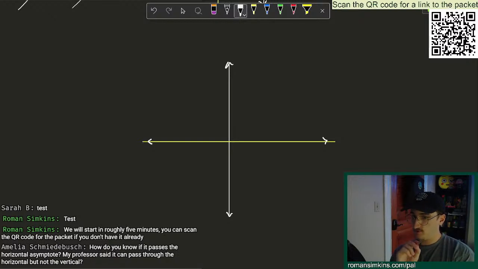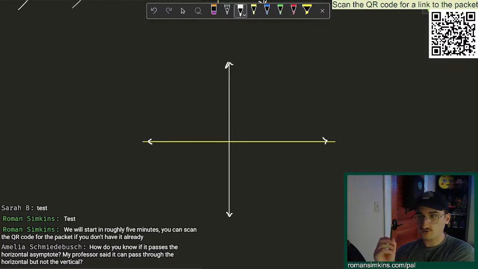The important fact to remember, and I guess this holds true for vertical as well, is that the special reason you are never allowed to cross a vertical asymptote is that it's an unincluded value from the domain. So we're not allowed to cross those.